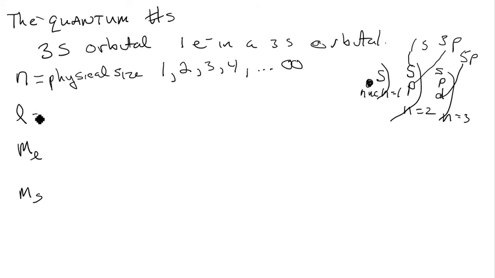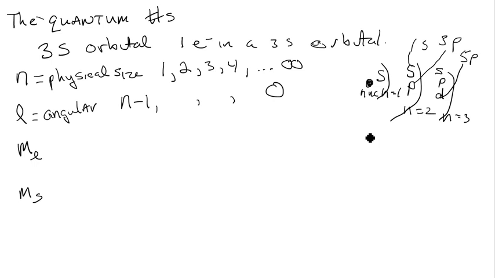So L is about angular momentum, and its maximum value is determined by n. It's going to be n minus 1, down to however many values you can have before it gets to 0.